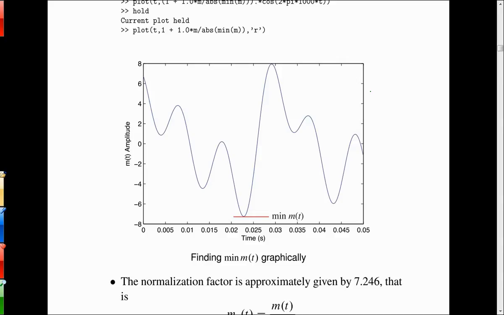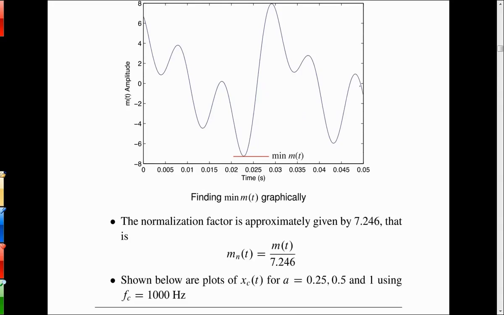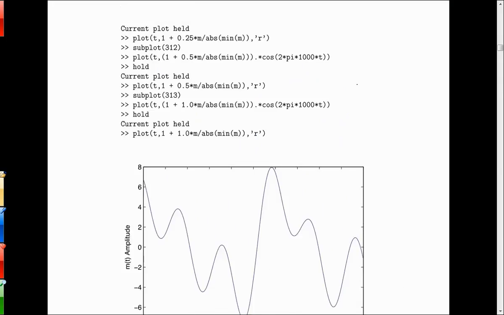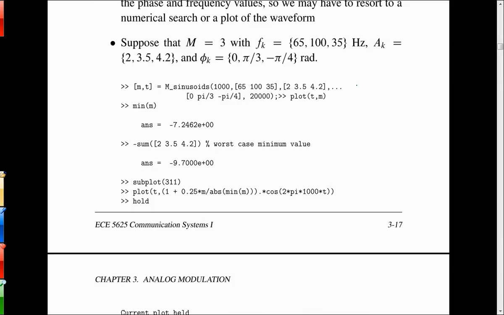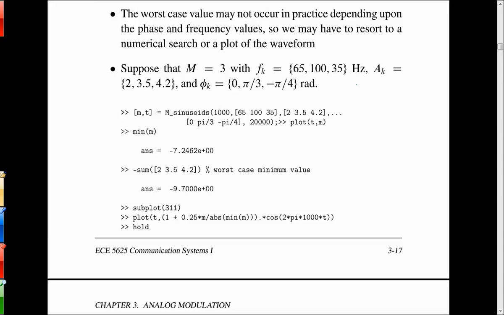So this would be a more typical scenario. And if you can't find it, you can just worst case it. The worst case on this waveform, I think we talked about this last time: if you have 3 sinusoids and the amplitudes are 2, 3.5, and 4.2, and you don't have MATLAB handy to do the calculation, what is the most negative value, or most positive value, that the waveform can take on?